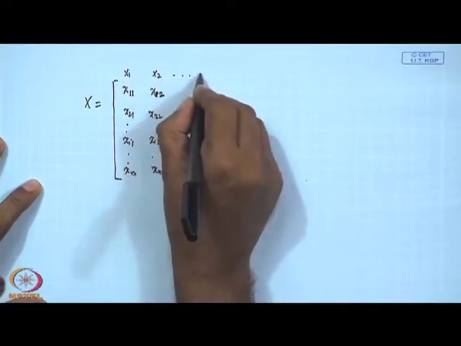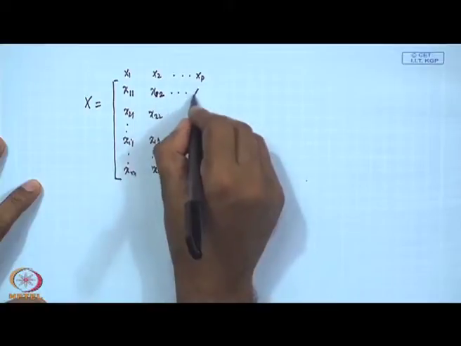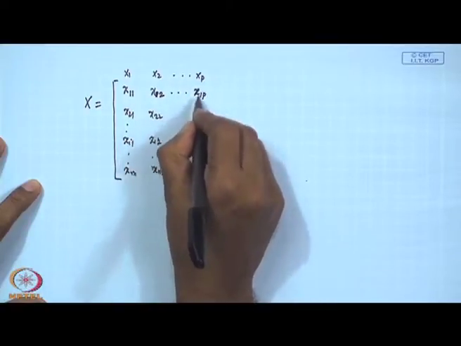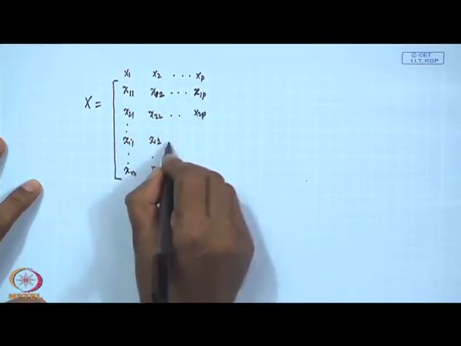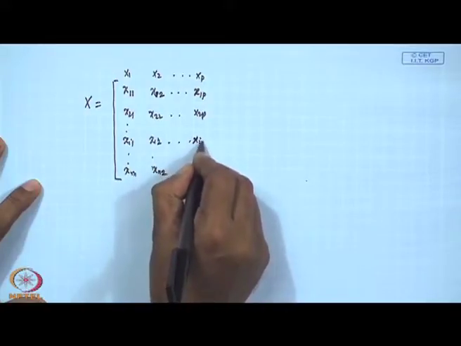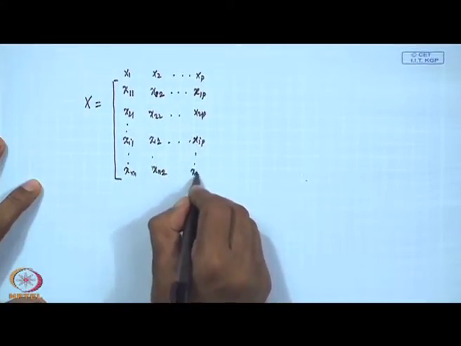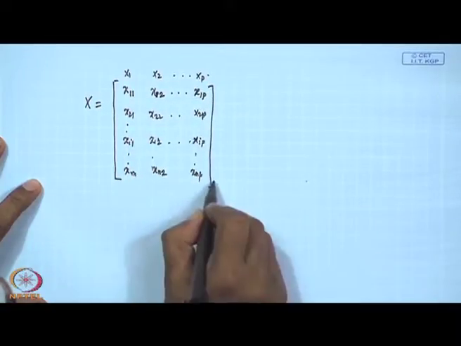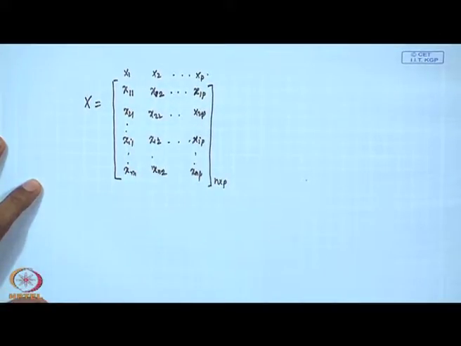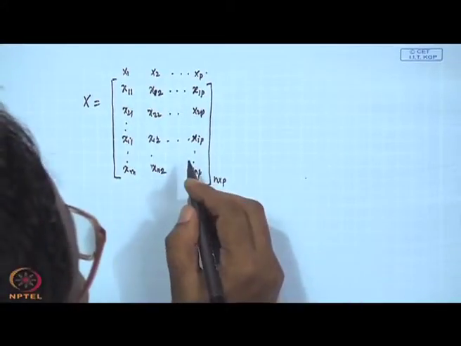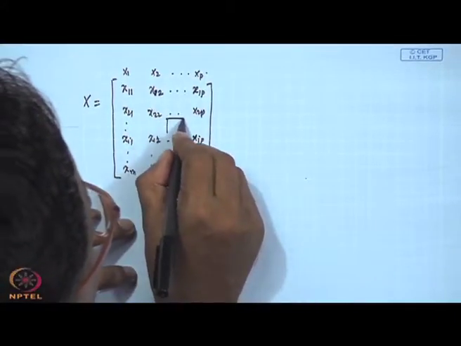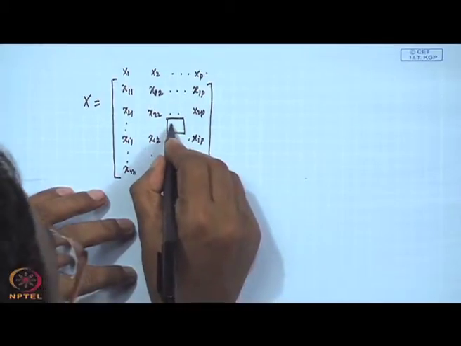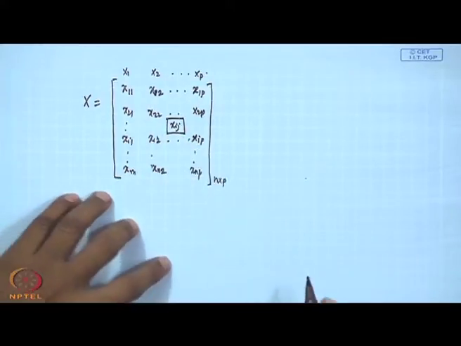So you take all p variables, then x_1p, x_2p, x_ip, and like this x_np. This is our n cross p matrix.